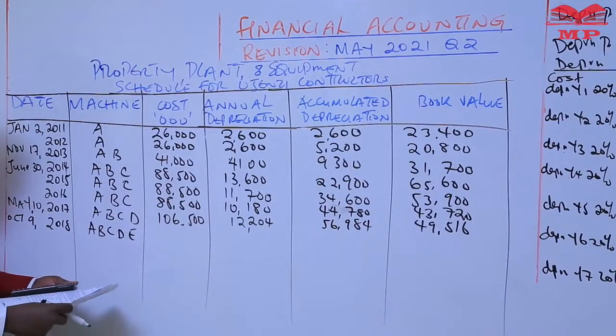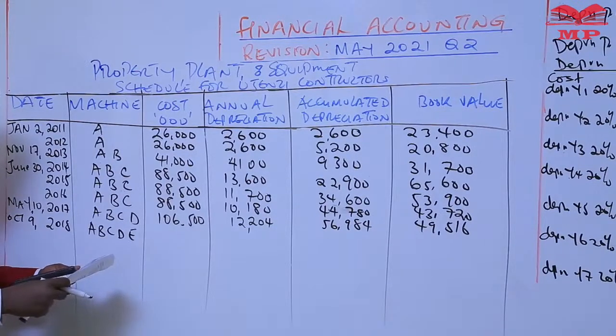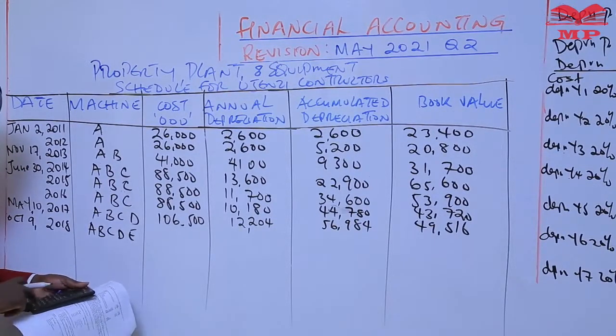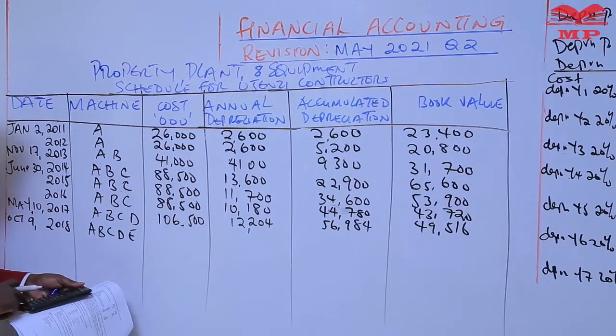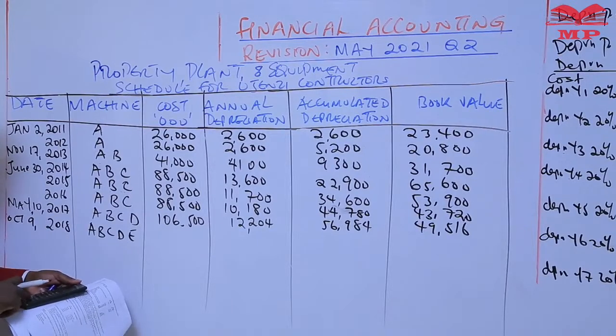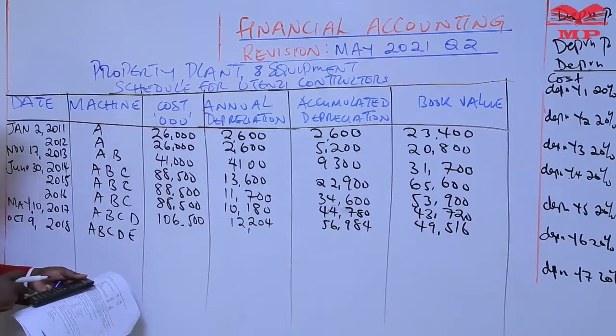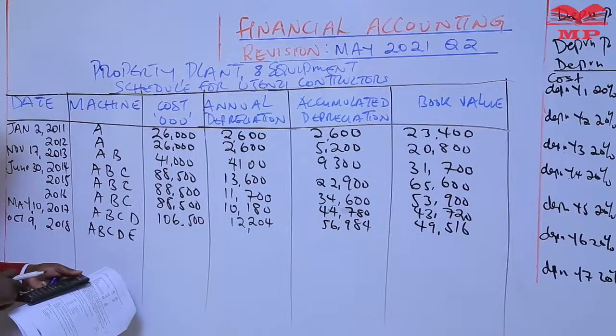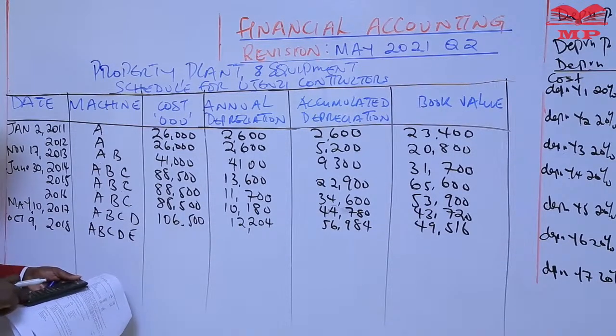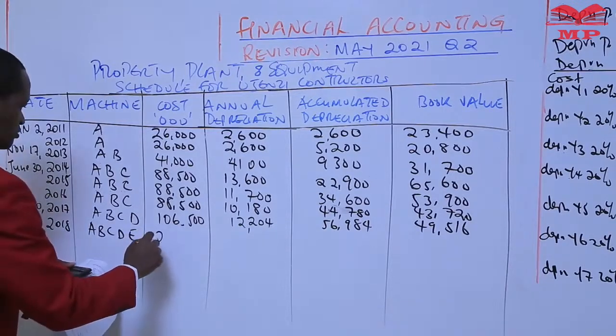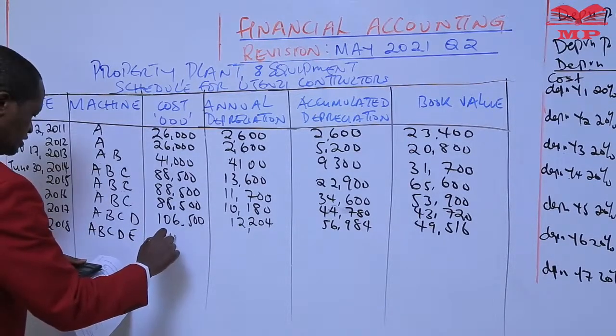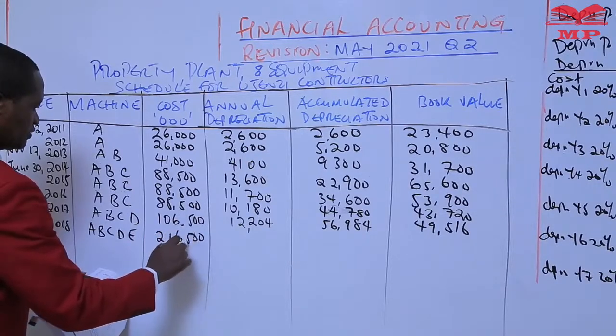We are going to add the new machine which was purchased at 110 million plus 106,500. The cost has gone up to 216,500.